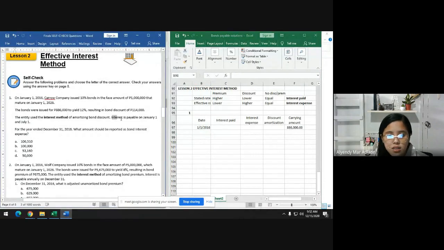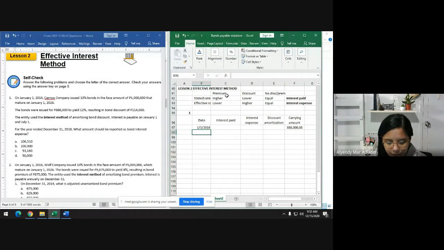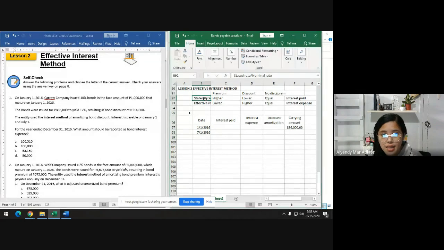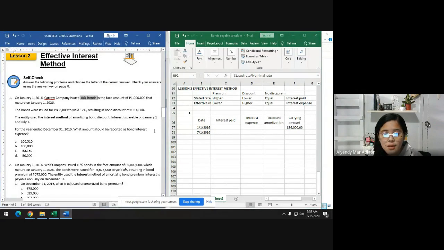Take note, interest is payable on January 1 and July 1. So when is the first interest payment? That would be on July 1, 2016. Now, how do we compute for the other information in this column? Take note, interest paid is based on the stated rate, the one that is stated in the bonds.